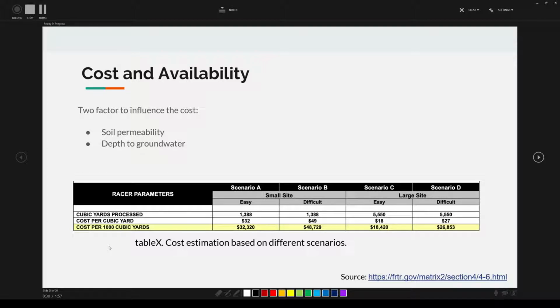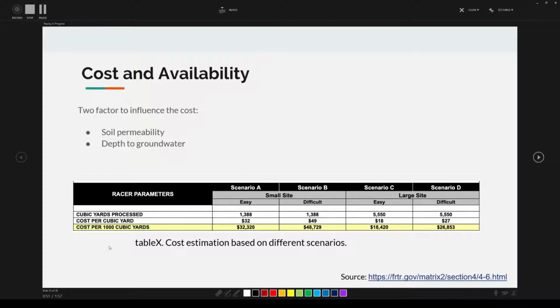Thus, it will take a longer remediation time to lower the concentration of the contaminant. In other words, the cost will significantly increase with increasing time. The second factor is depth to groundwater. The deeper the water table is located, the higher the cost will be.